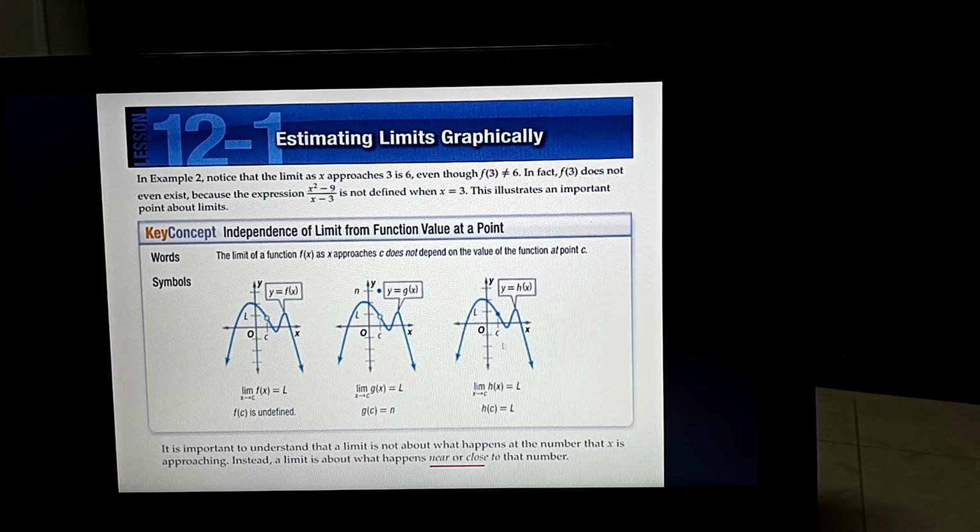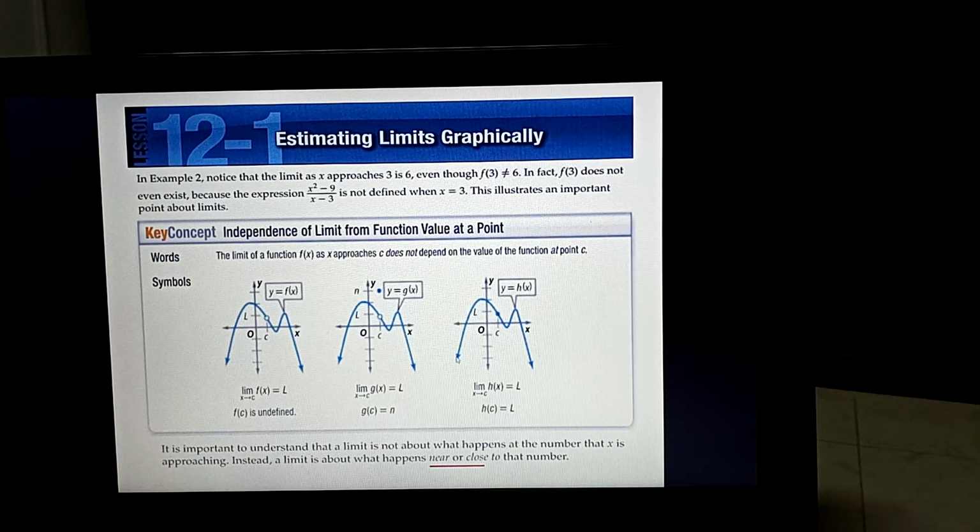We will speak about that later. In this case, the function will be continuous. I have a limit, and only in this case the function is continuous.